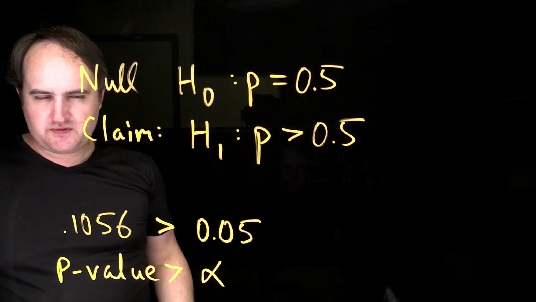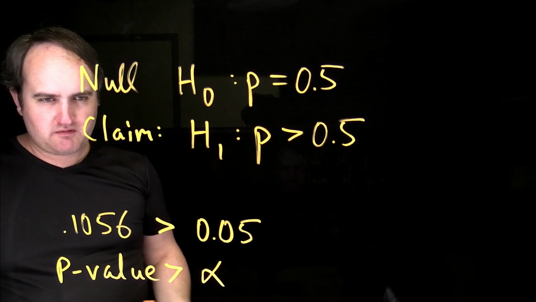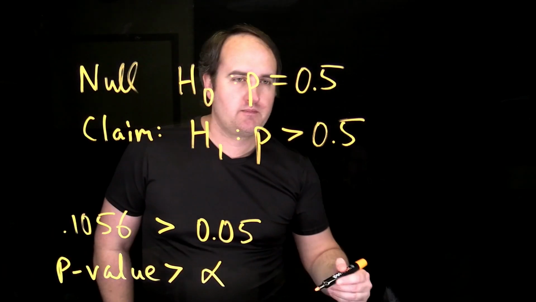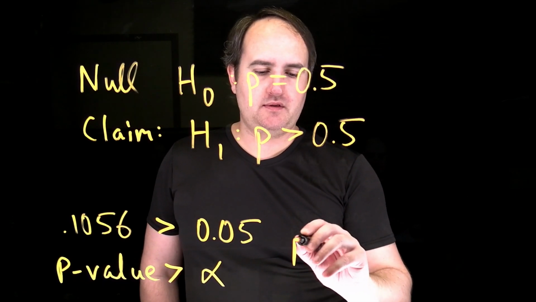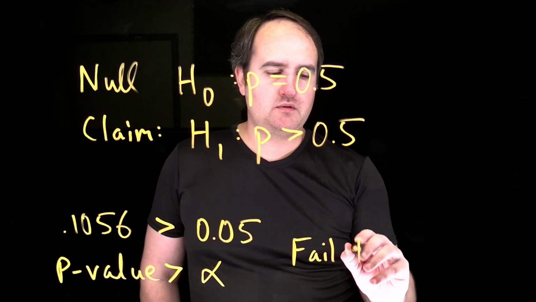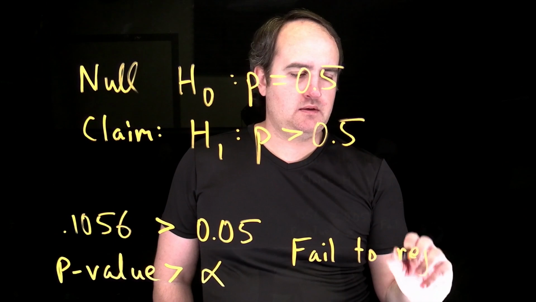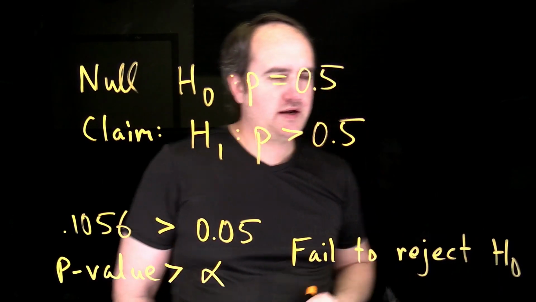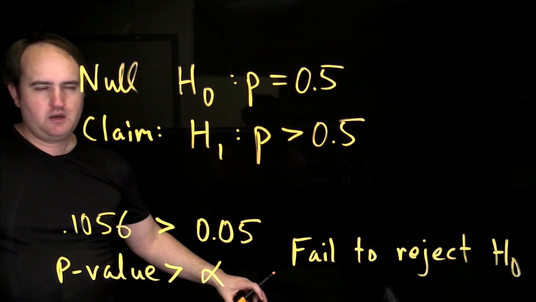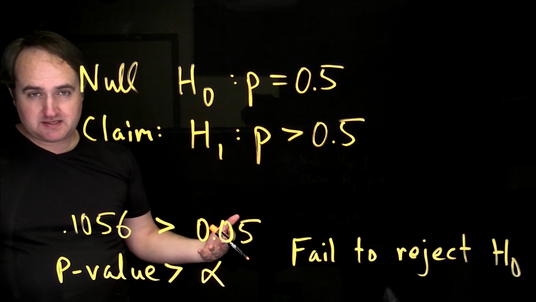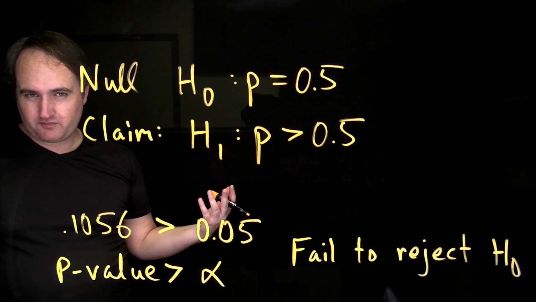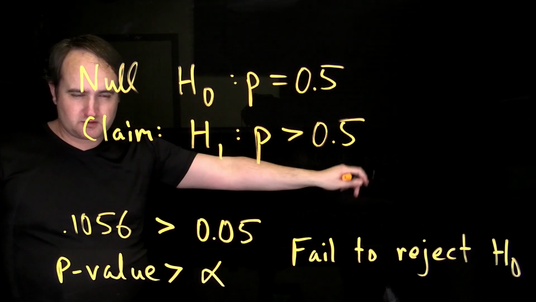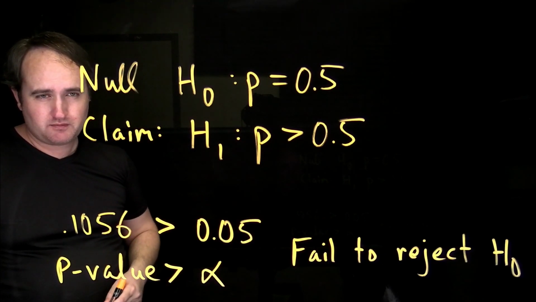But because in this example we got a p-value greater than alpha, that told us that we fail to reject our null hypothesis, or H0, okay? But like I said, the way most people can understand fail to reject is as a double negative.